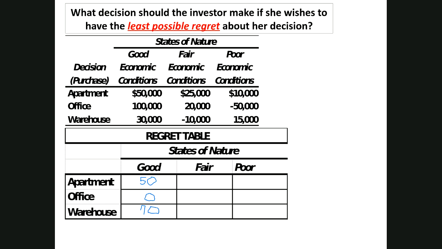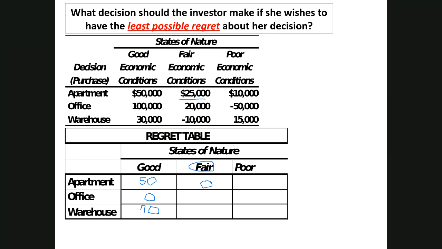Then for the fair states of nature, what's the best result? Well, that's $25,000. And so if we made that decision, if the state of nature was fair, and we made that decision to invest in the apartment, we would not regret that decision. So there'd be zero regret.